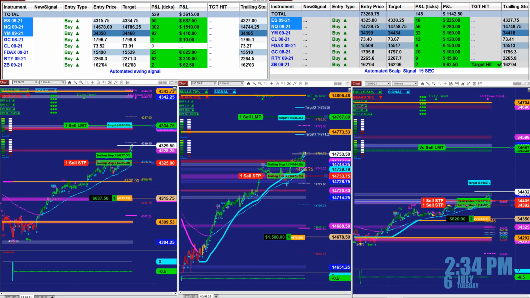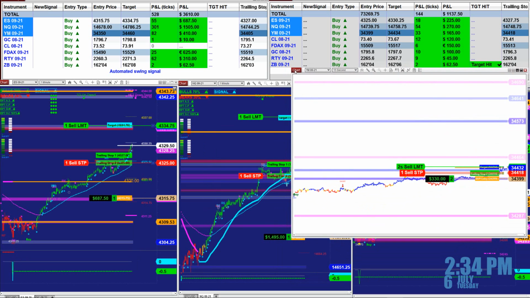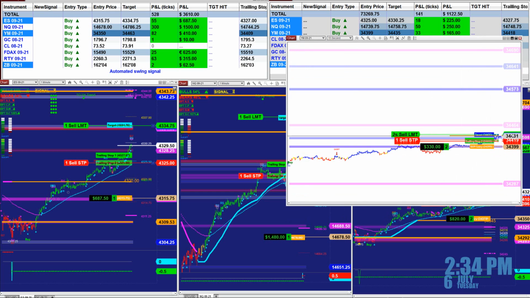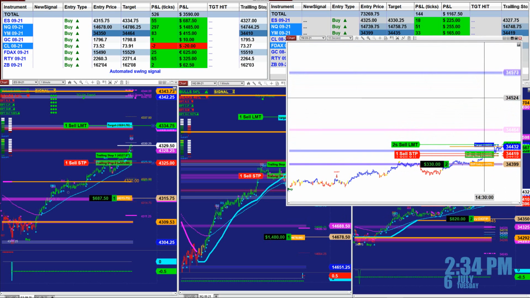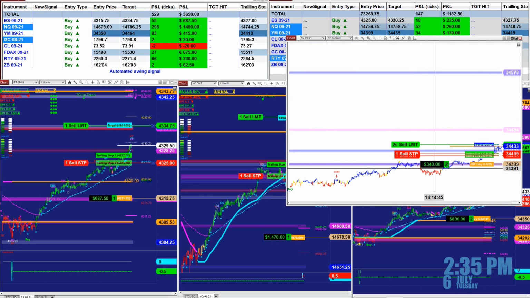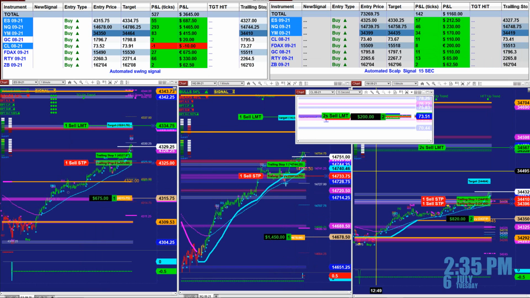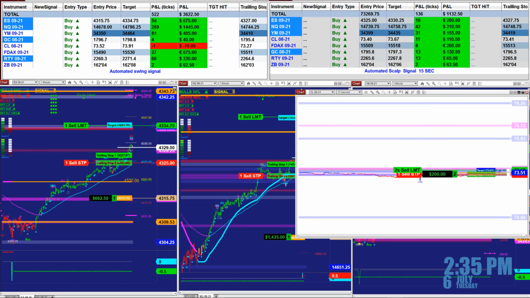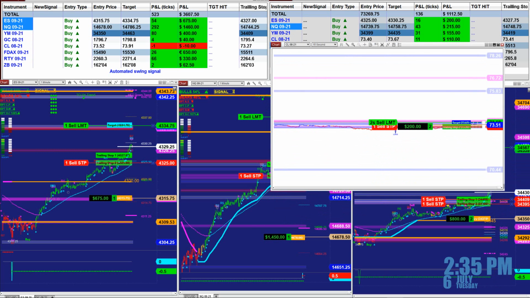As an example, this is a scalper. On the YM is 32 ticks based on one contract. Two contracts is 340 on the YM. If we take the CL, here's the CL.